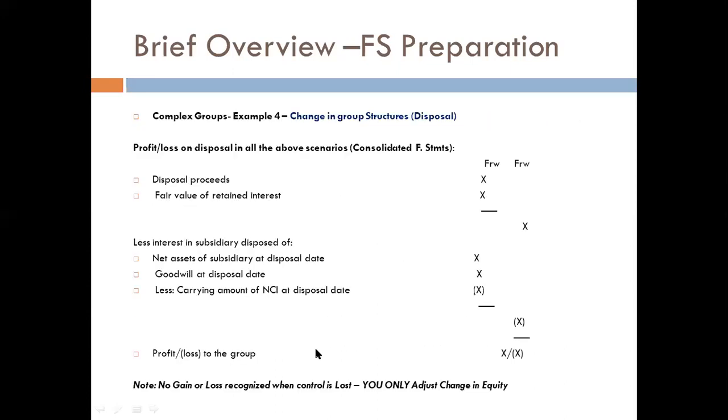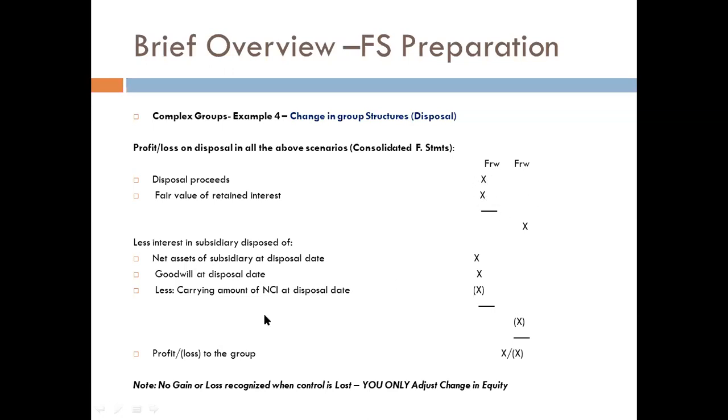But when you look at consolidated, this is how you will normally calculate the gain or loss. You will look at the disposal. If there is any investment which is retained, like in a case where I was saying you can retain an associate or retain maybe a trade investment, that is a simple investment as per IFRS 9, you will look at the fair value of it and add it to the sales proceeds, because, in addition to the disposal proceeds, you also have the fair value that is remaining.